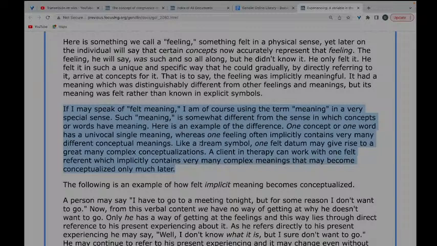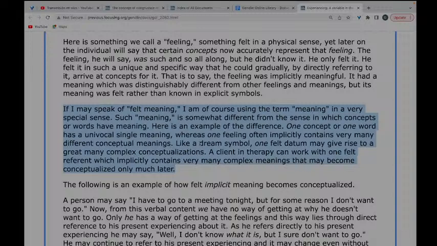Meaning it can be given a great variety of conceptualizations, right? You can explain it in a bunch of different ways, this one symbol from the dream. So, like a dream symbol, one felt datum may give rise to a great many complex conceptualizations.